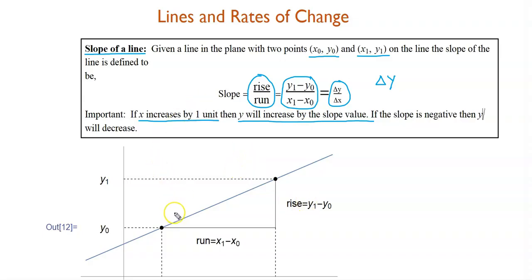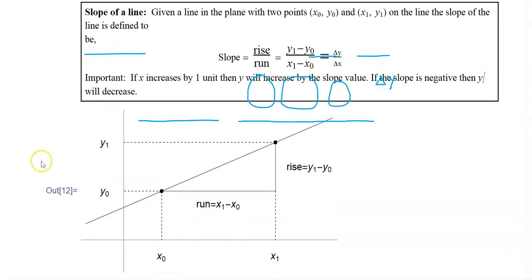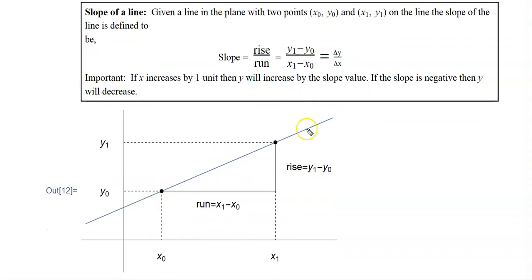So here we have a line, and it's passing through these 2 points. Let me move that down a little bit for you. There we go. So here we have a line that's passing through 2 points here, x0, y0, and x1, y1. So notice that the change in y is going to be this distance.